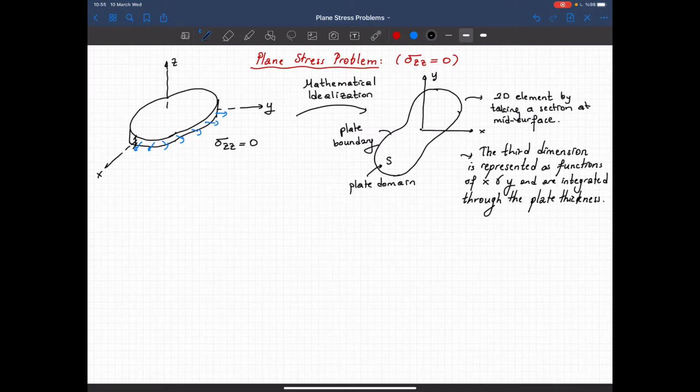So let's define the stresses and the forces on this member. In order to do that, I'll take a small infinitesimal element here. Let's show the forces and stresses.